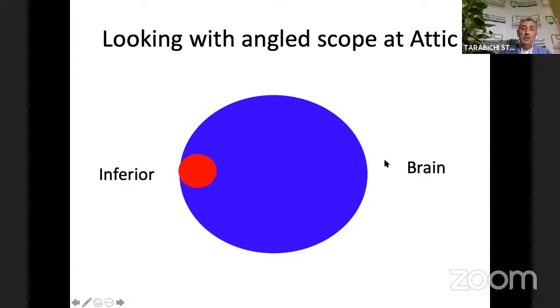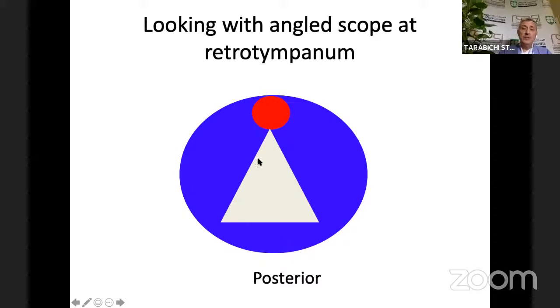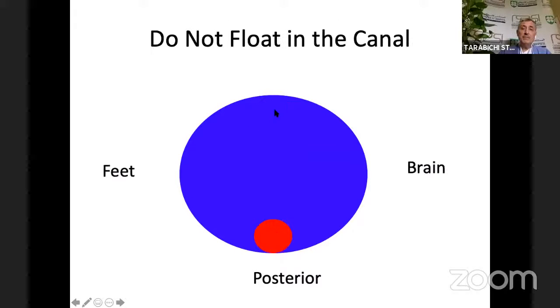So it's always target tissue, instrument, endoscope. Target tissue, instrument into space, and endoscope.